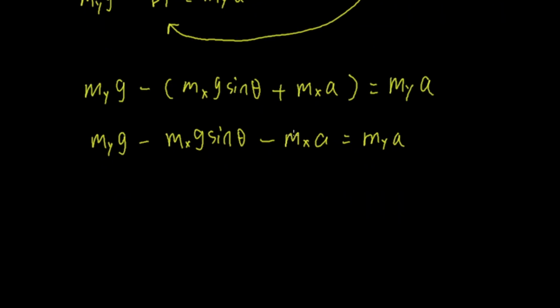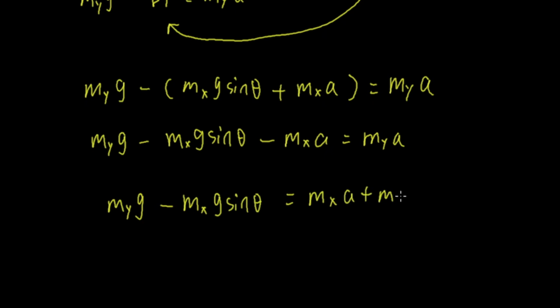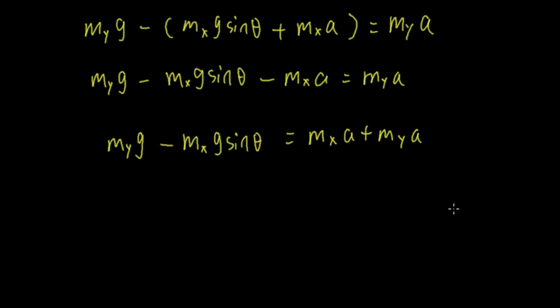Now add m sub x a to both sides, right? So that we can move all the acceleration variables to one side. So we have m sub y g minus m sub x g sine theta is equal to m sub x a plus m sub y a. Isolate a.